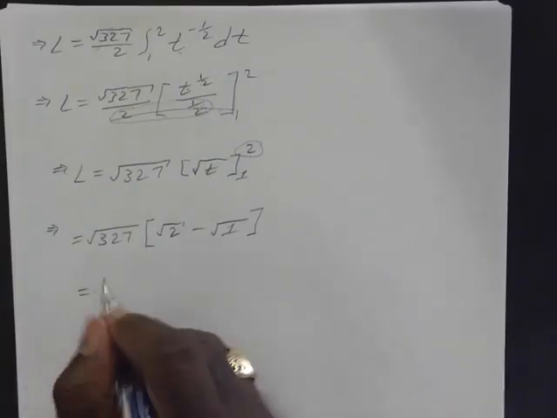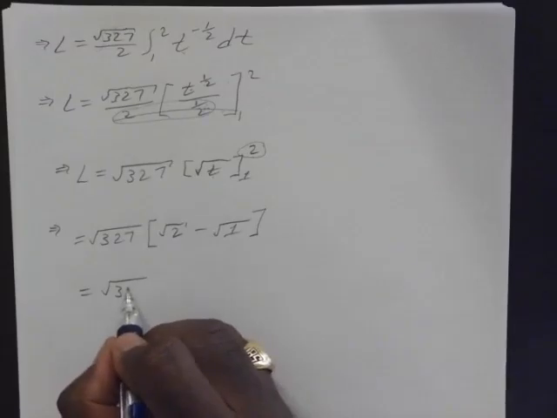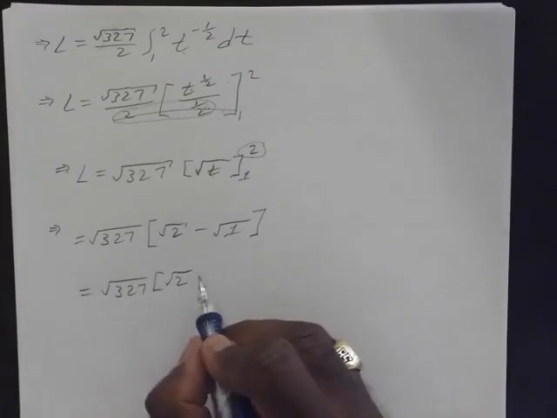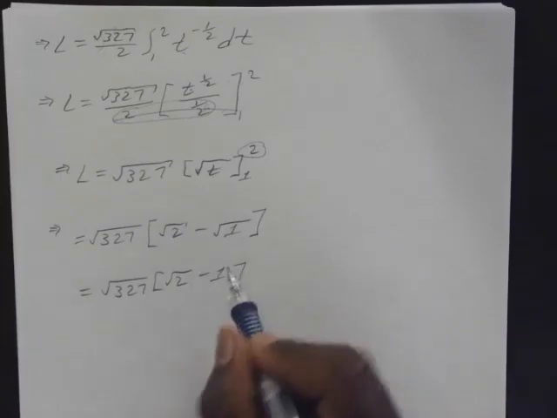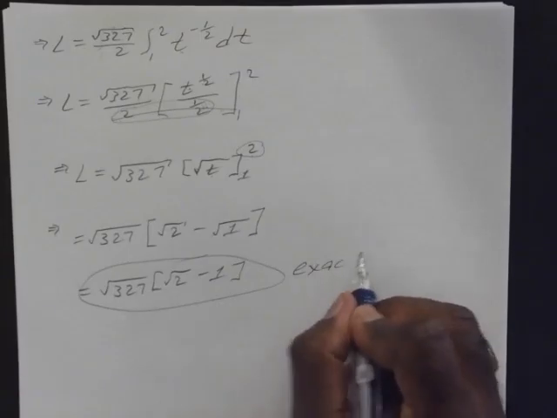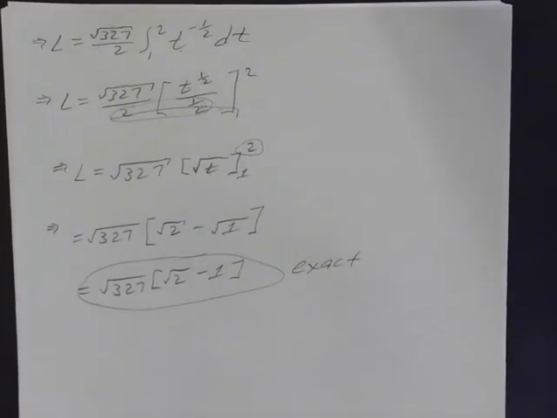Okay, so we left it as the square root of 327 times the square root of 2 minus 1. That would just be our exact answer, if they ask for the exact answer. Or you could distribute the square root of 327, but you don't have to.